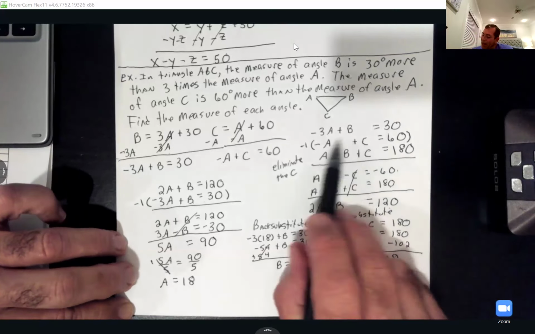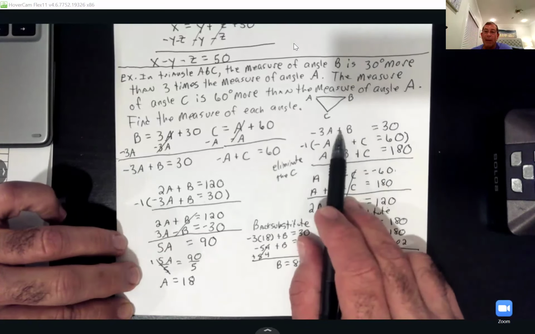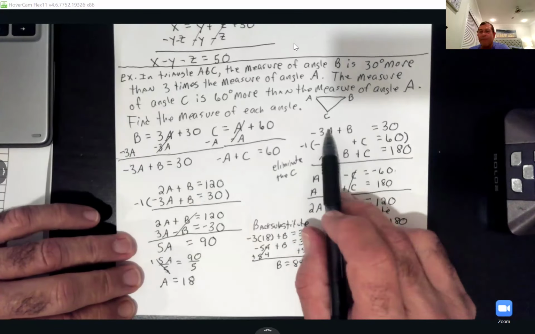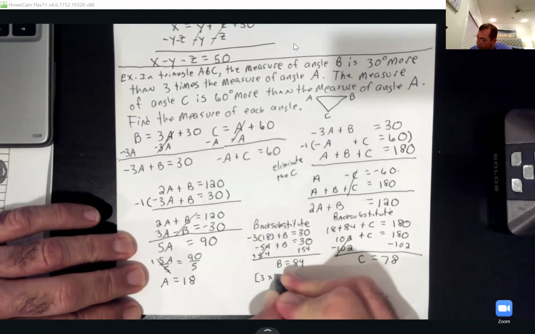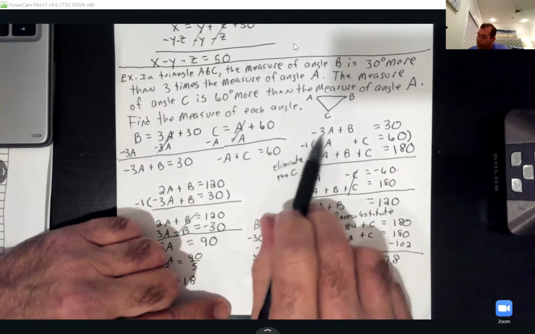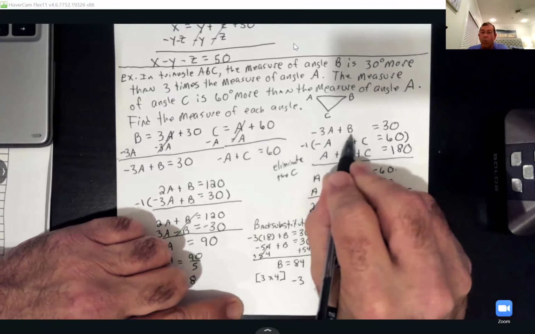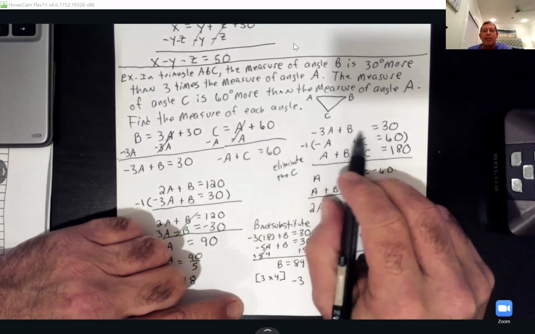Now, let me show you how you would put this in on the matrix. This is a 3x4 matrix. Now, the numbers you would put in, -3 for the A, 1 for the B. Y'all, what are we putting when there's not a C here?